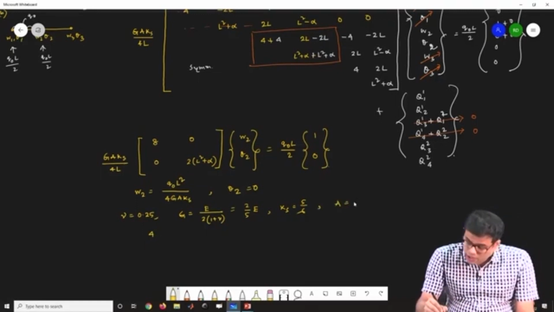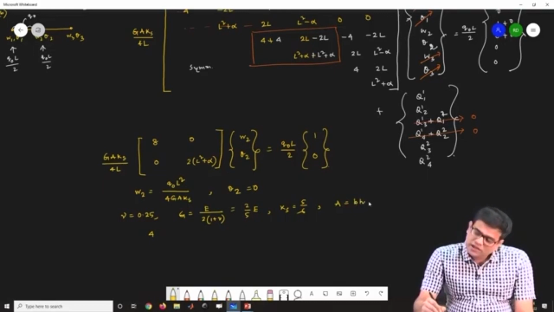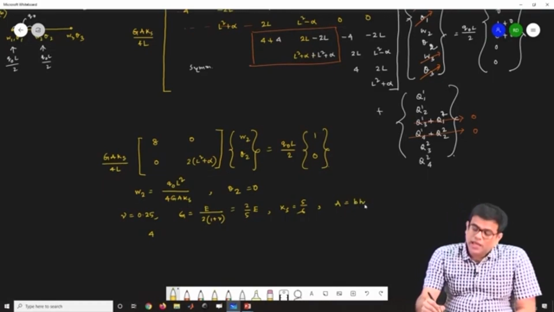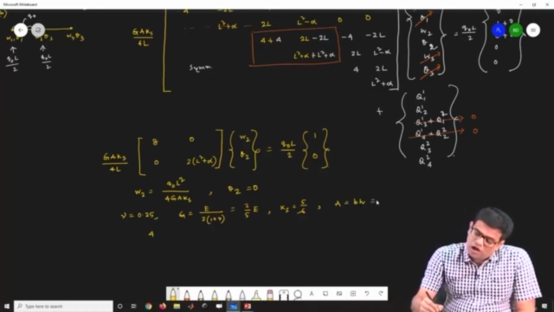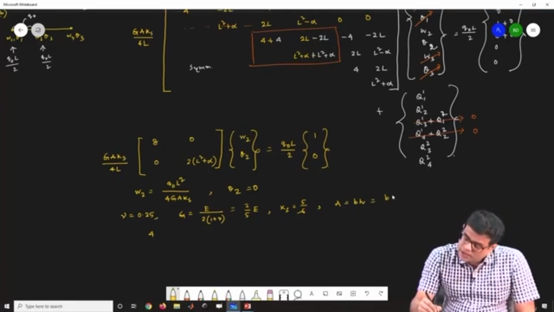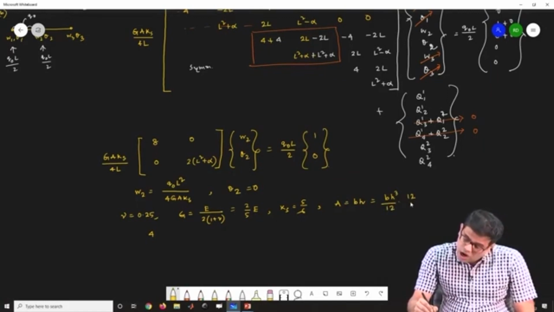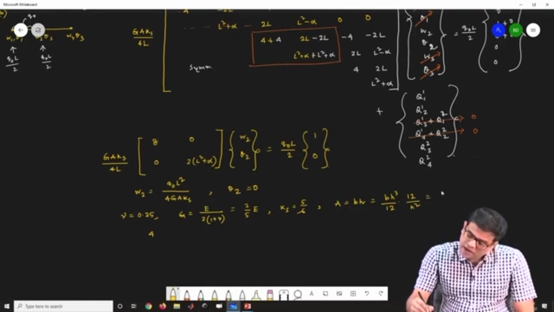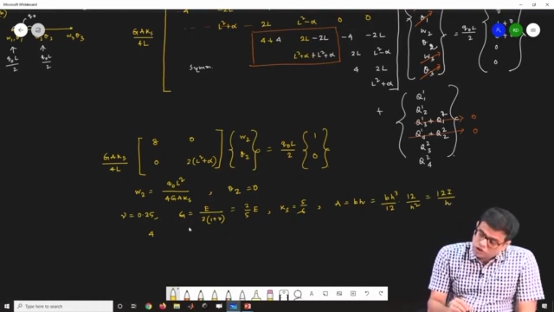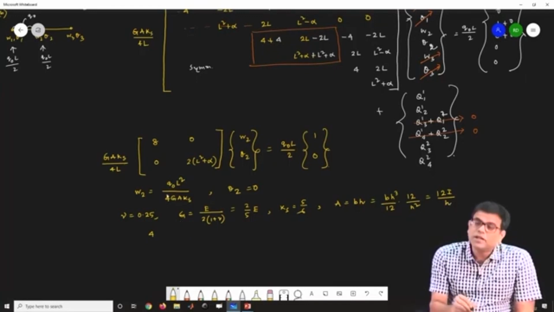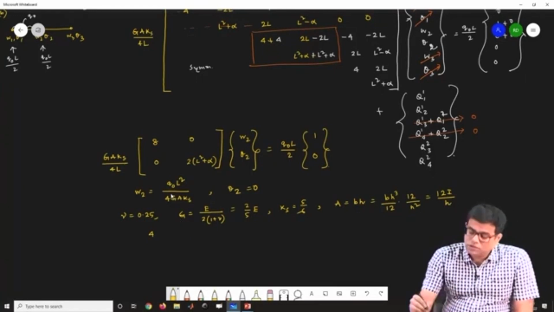A is actually B into H, where B is the width of the beam and H is the depth of the beam. So, that is B H cube by 12 into 12 by H square. So, I can write this as 12I by H. I just wanted to find out how correct this displacement is.